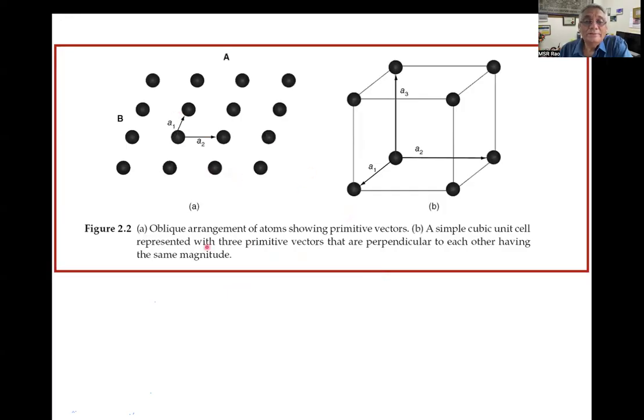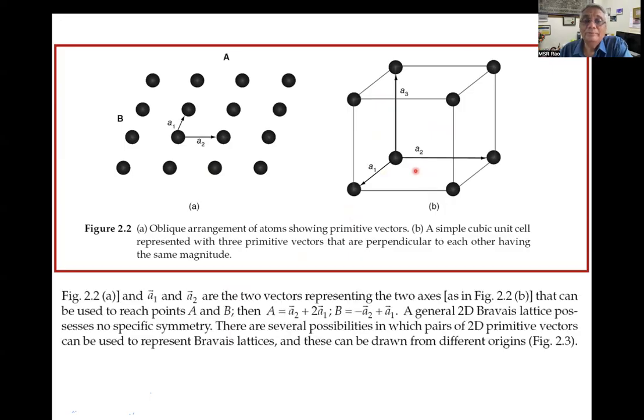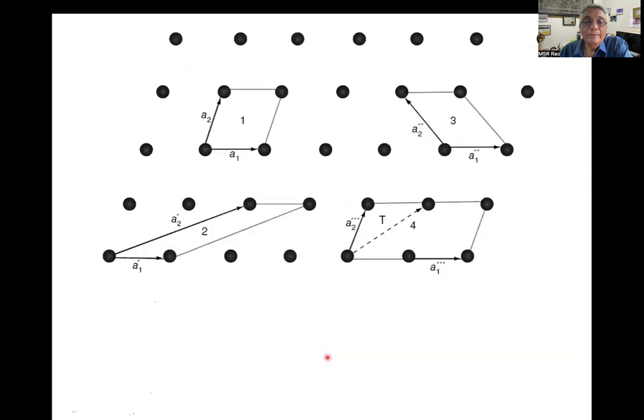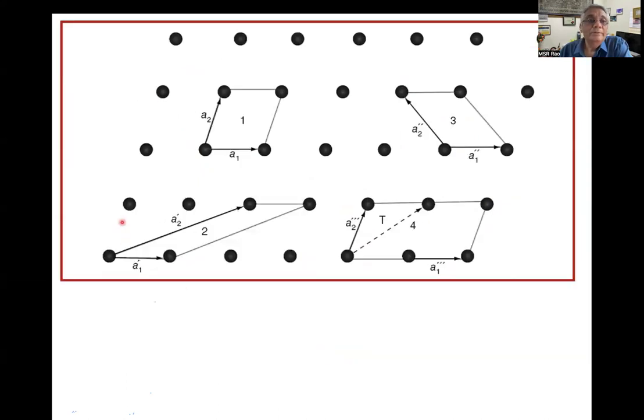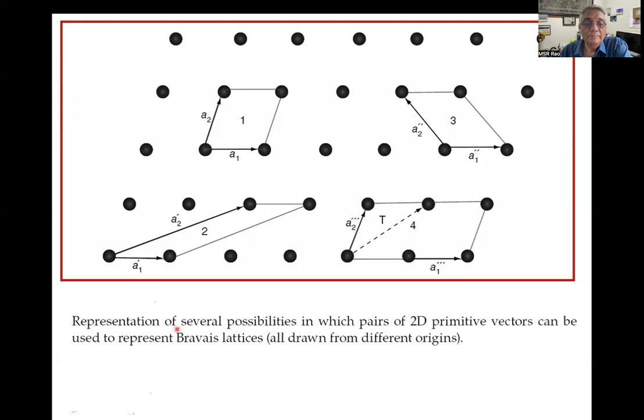That's a two-dimensional lattice, the oblique arrangement of atoms showing the primitive lattice, and that's a simple cube, which itself is a primitive lattice. Right? The oblique lattices can be represented in all these ways. There are several possibilities in which pairs of 2D primitive vectors can be identified to represent the lattices.